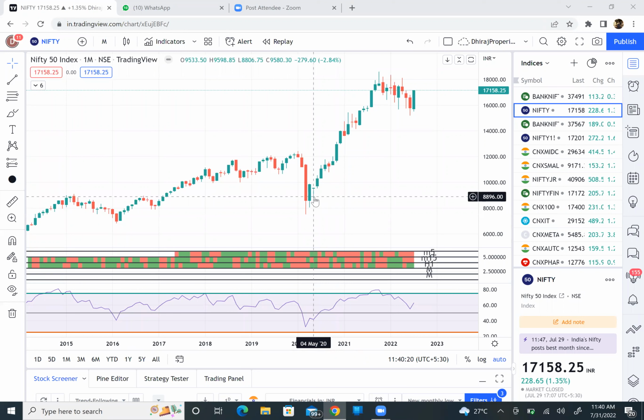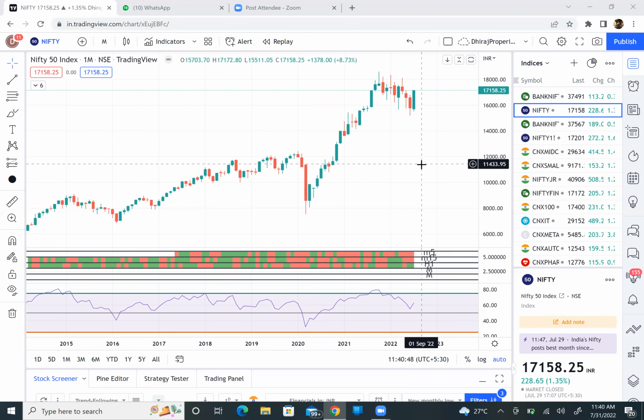Yes. So it is higher than the previous month candle. The low of the June candle is higher than the low of the May candle. So it is higher high, higher low. And the close of the June candle is higher than the high of the May candle. So three conditions when we are talking about an uptrend. Okay.